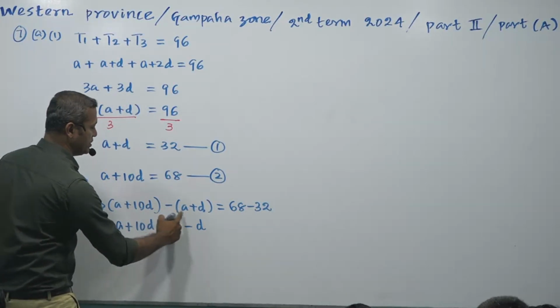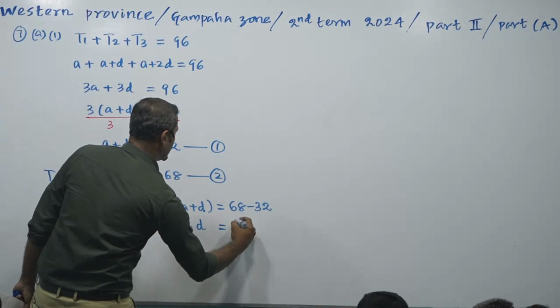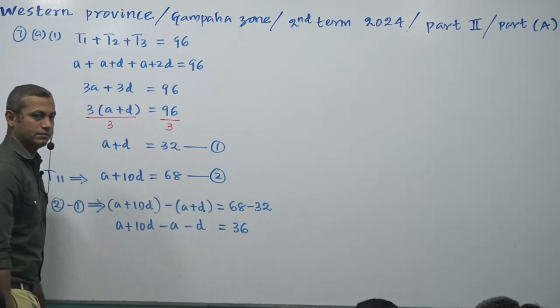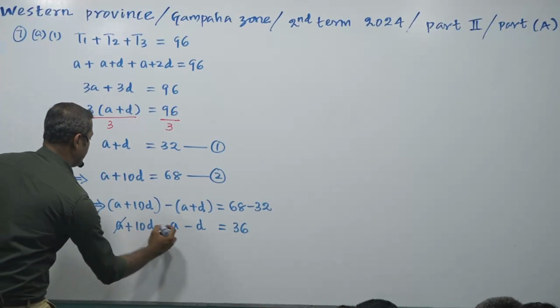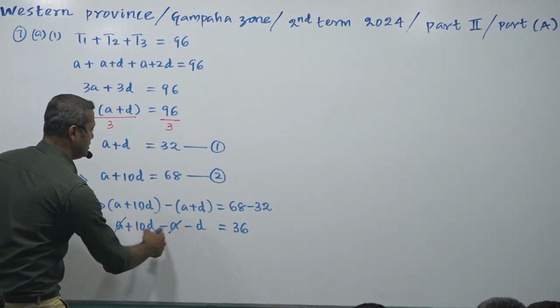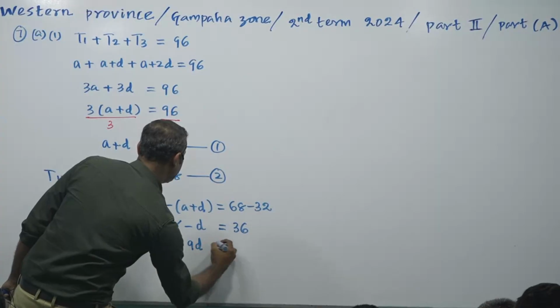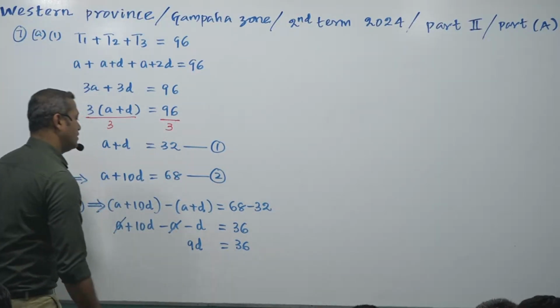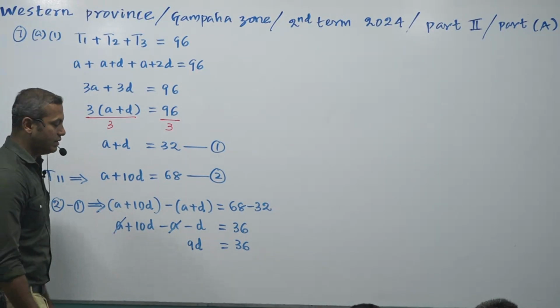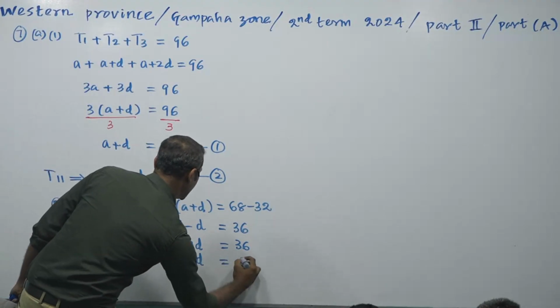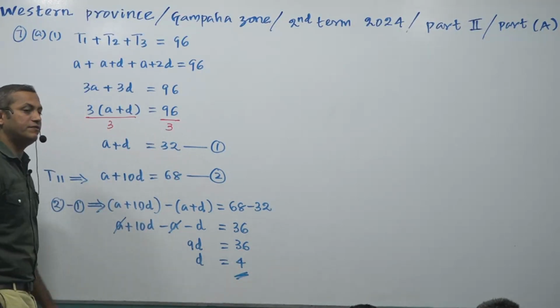Minus A, minus into plus minus D. This is 36. A minus A cancels. 10D minus D means 9D is equal to 36. Divide both sides by 9. You will get what? D equals 4. So the common difference is 4.